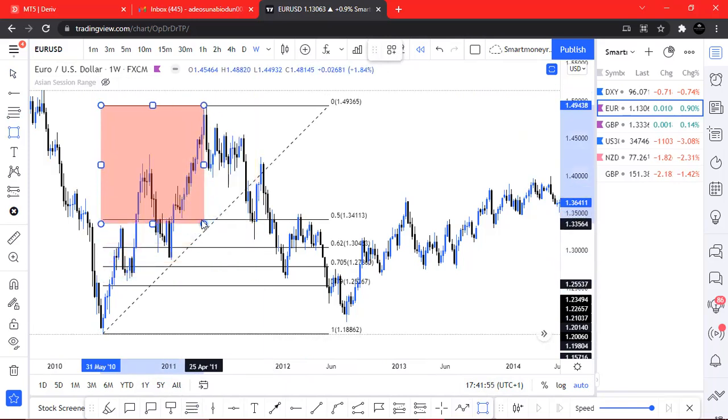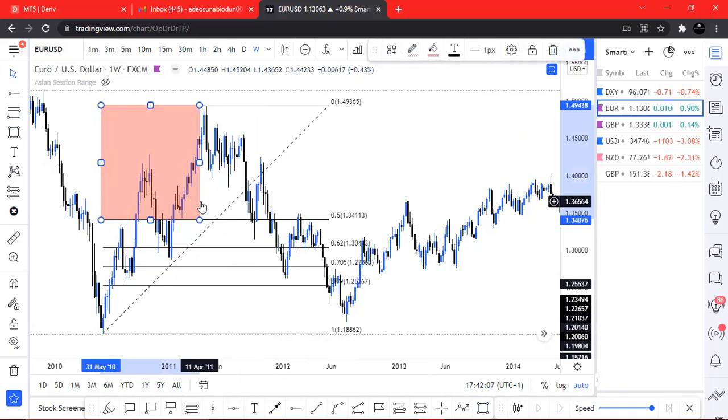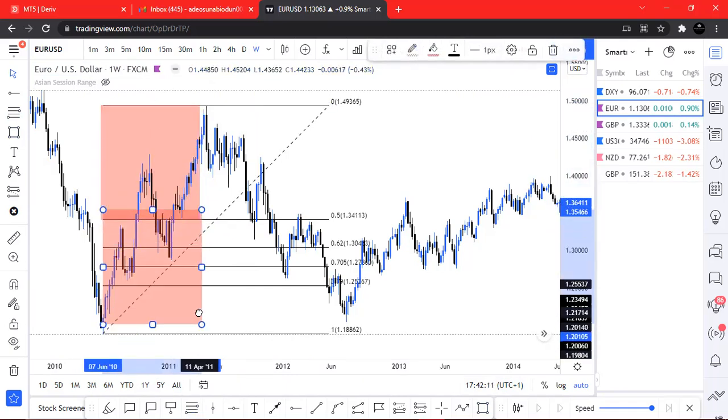Take it like that. Okay, so this should be green.